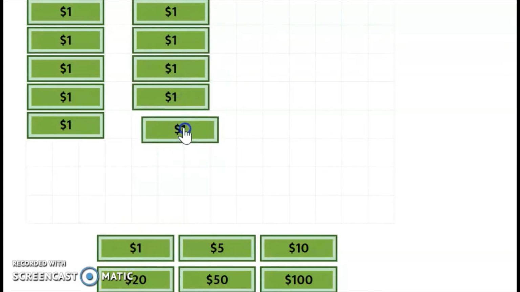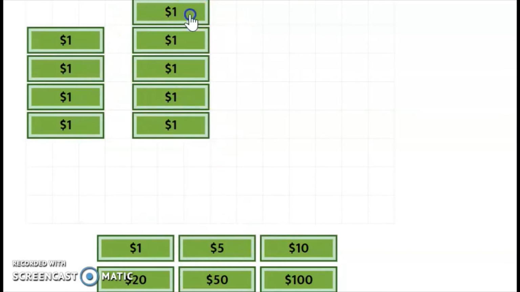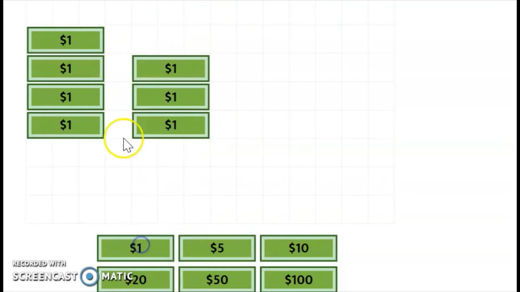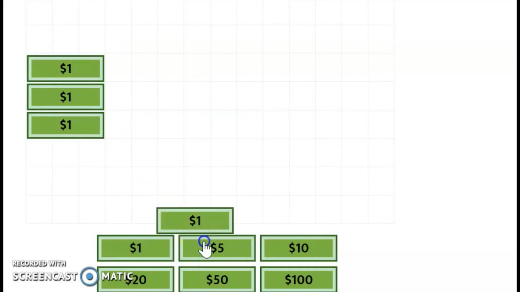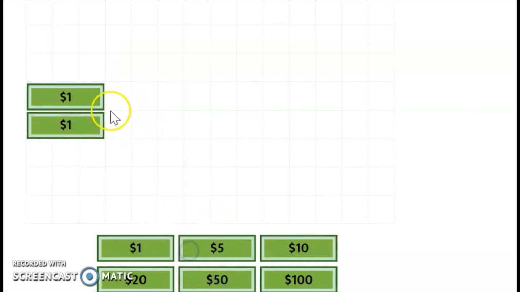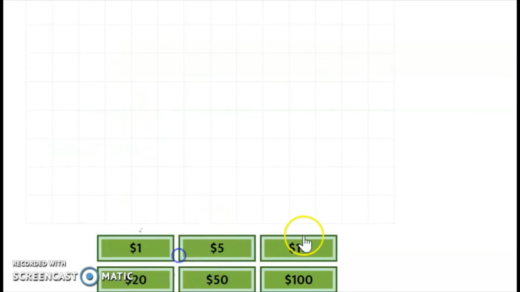So I have five $1 bills here and then another 5 $1 bills here. Great. I'm going to put these away to make way for one $10 bill. Let's keep going.